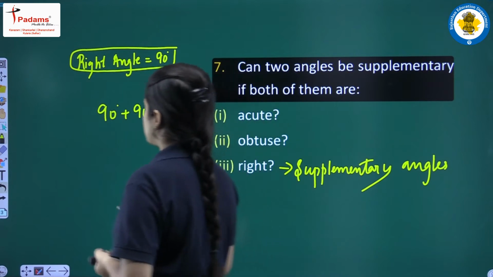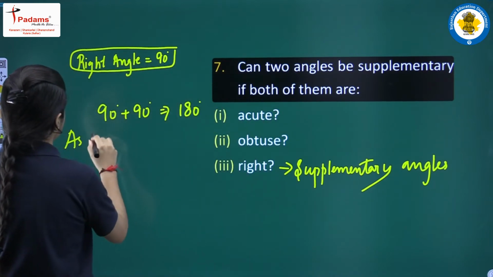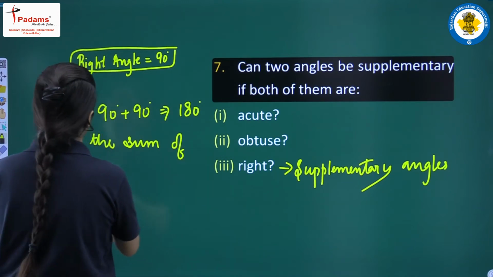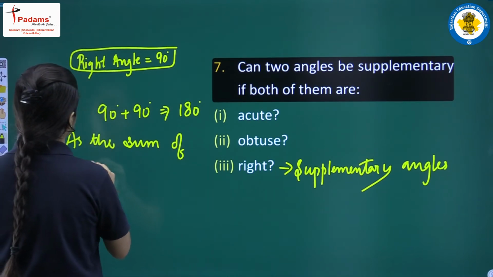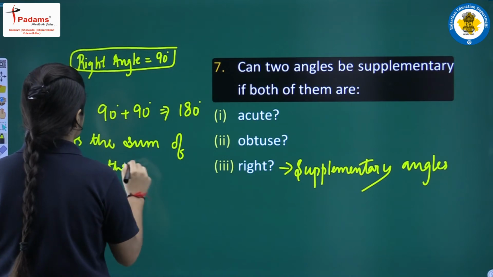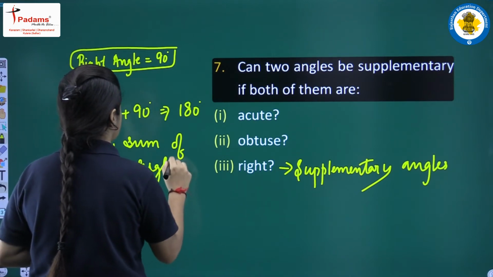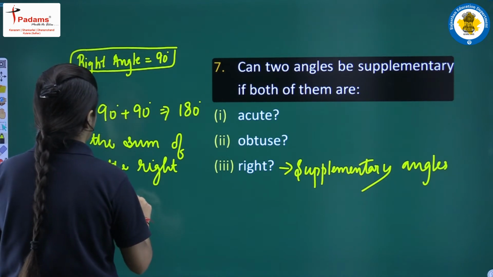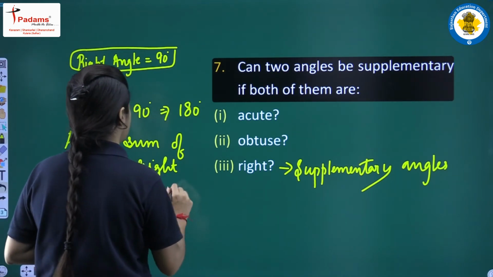Okay, so write it down as: the sum of both the right angles is 180 degrees.